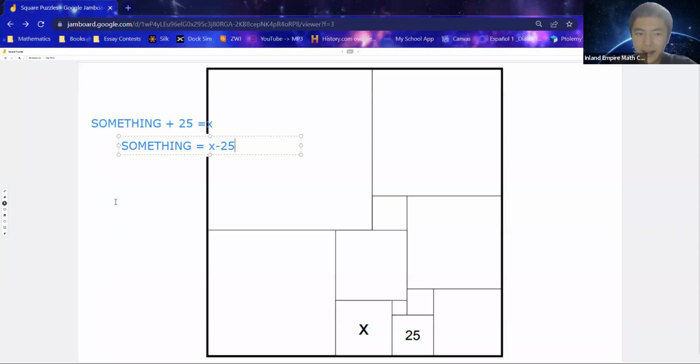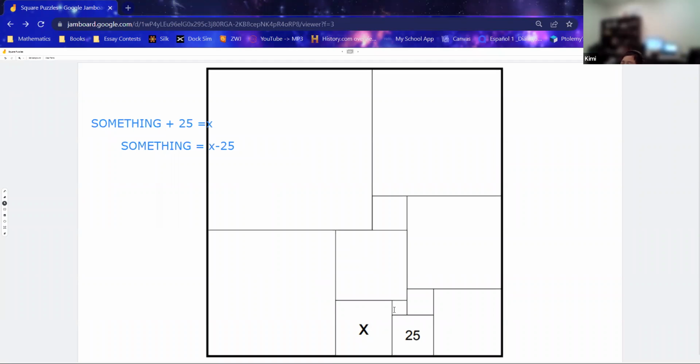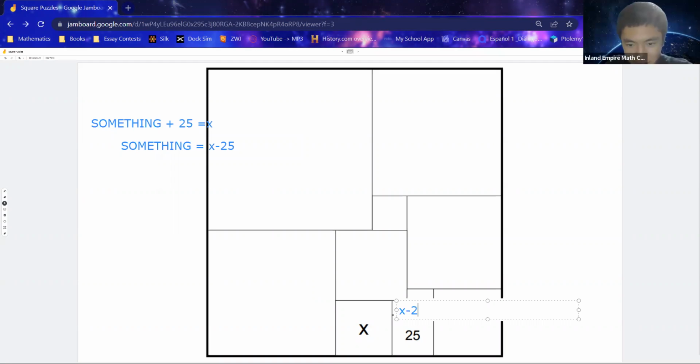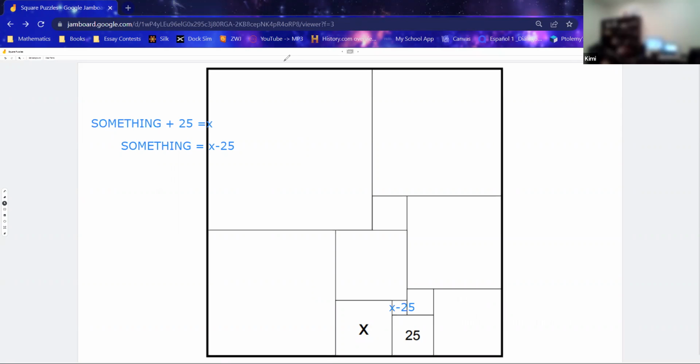It would be X minus 25, right? Yeah, but we don't know what X is. Right, but we know that this little box right here is actually X minus 25. Now can we use the same method to figure out this box? Yeah, then it'd be X minus 25.